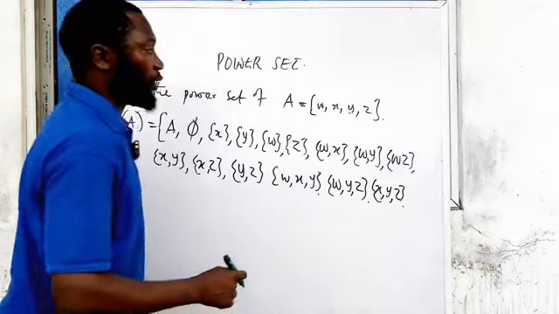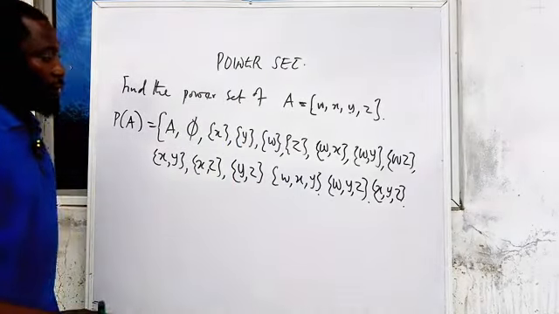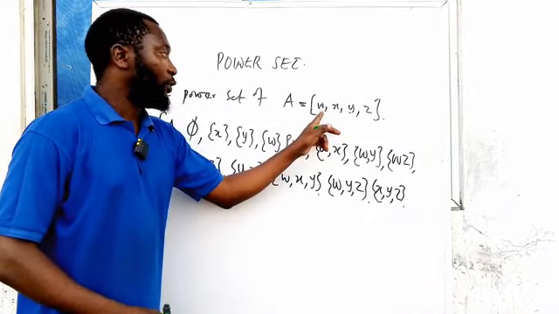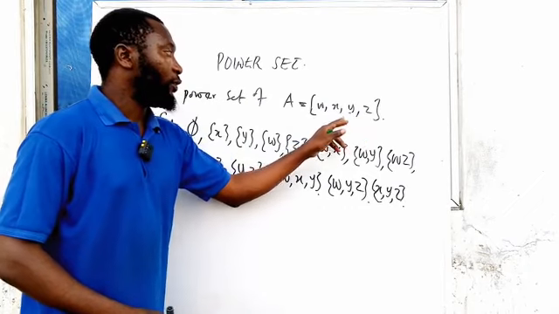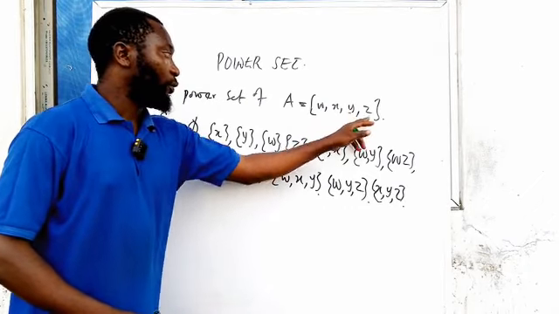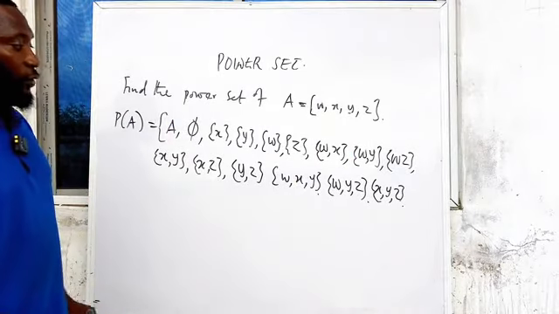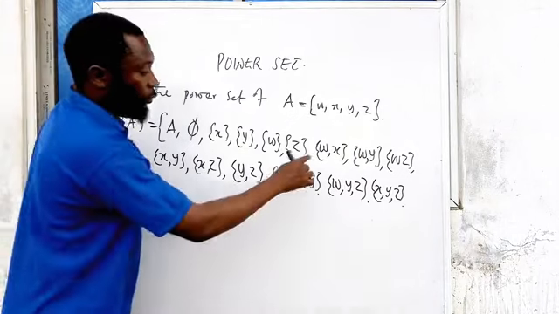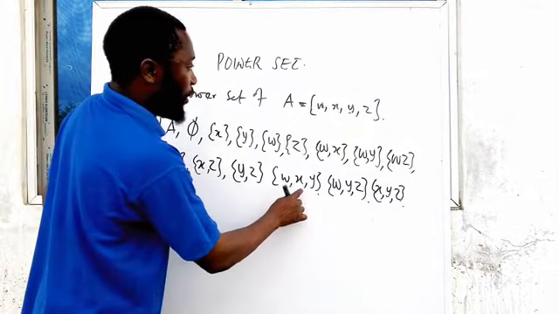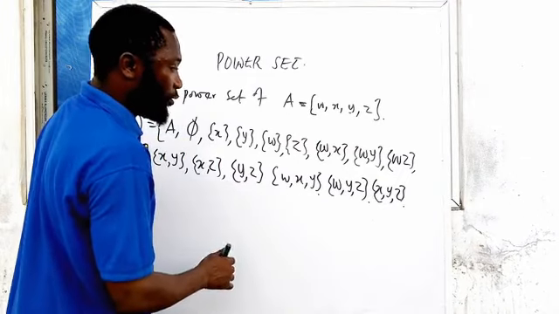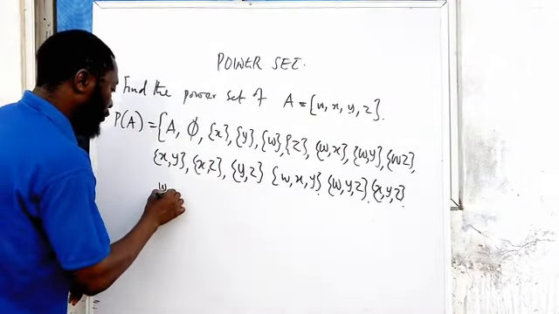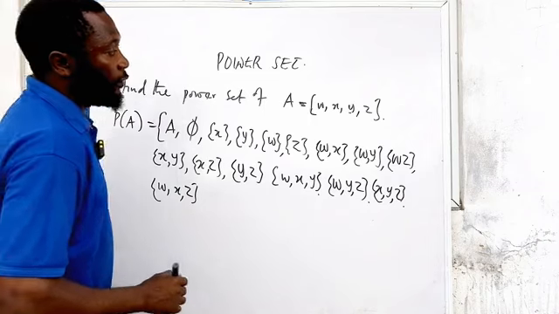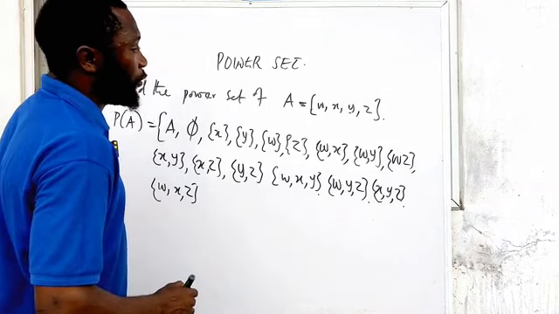So here is also a subset. WYZ, WXY, XYZ, XWY. So all this, yes, everything is complete. WXZ is also a subset. Then I think we are good.